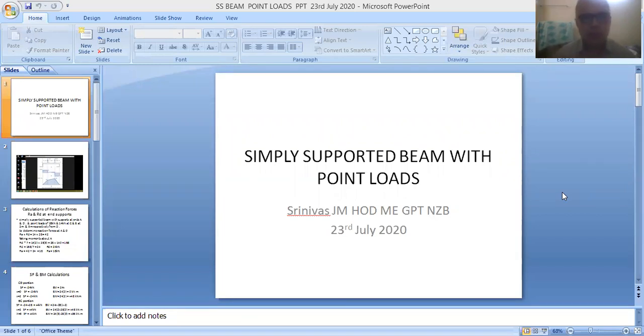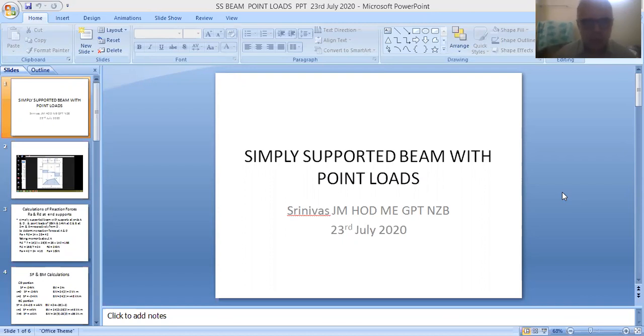So, good morning, friends. Today we are going to discuss a problem on a simply supported beam provided with point loads. So, friends, a beam is defined as any member that is capable of receiving loads at various points.